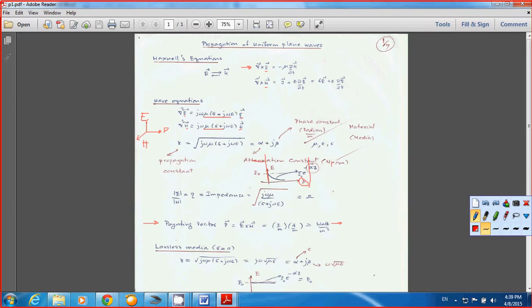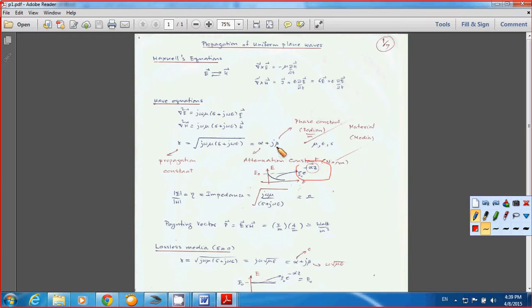You start with the electric field E0. When it gets deep into the material, the magnitude decreases, and that's represented by the term E0 multiplied by exponential negative alpha Z. If alpha is large, this is going to attenuate very quickly.